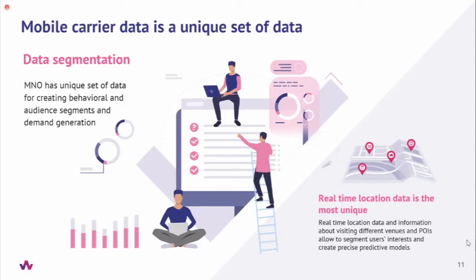And if they have a lot of this really unique location data, they can do some incredible things. They can analyze which points of interest have been visited by the user. They can segment users by interest.